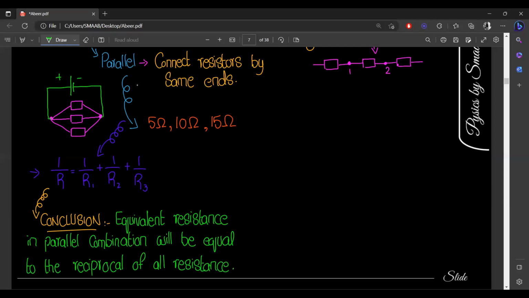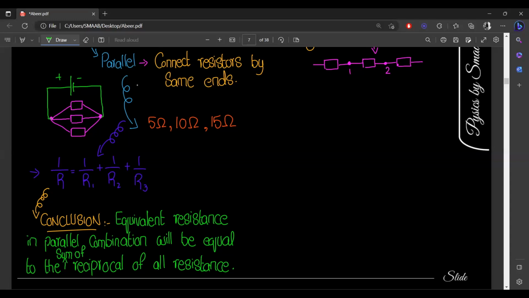So when we are going to talk about the equivalent resistance in parallel combination, the equivalent resistance in parallel combination will be equal to the sum of reciprocals. So we need to add over here the sum of reciprocals of all resistances, right?